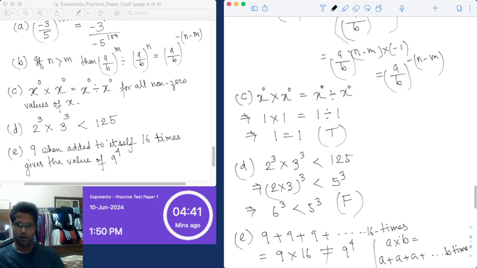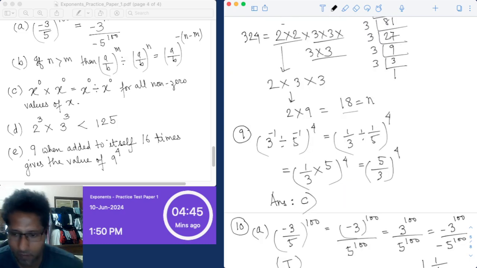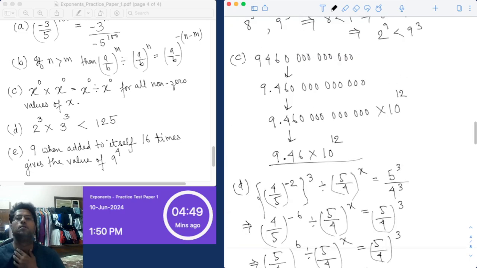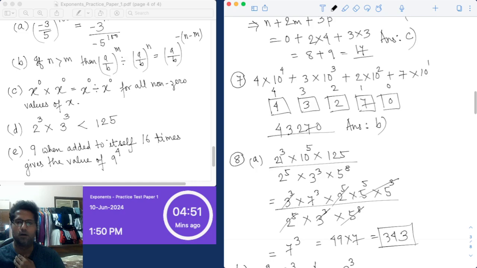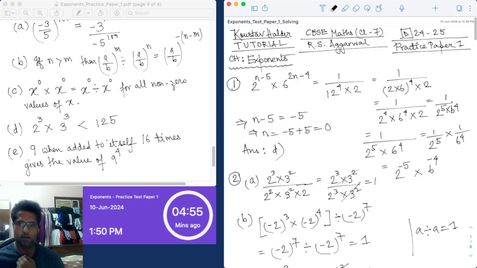I hope this set of questions gives you good practice of applying your concepts and understanding on the chapter exponents. The idea is to solve this kind of conceptual problems in a certain duration, which could be challenging. I couldn't solve it; I guess 2 questions were left.